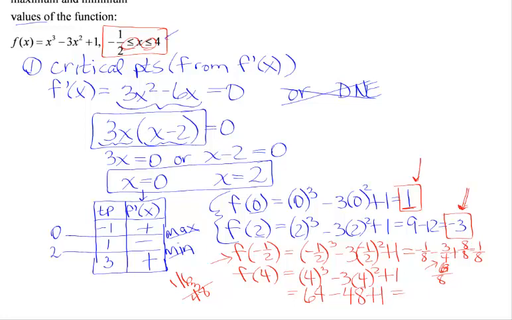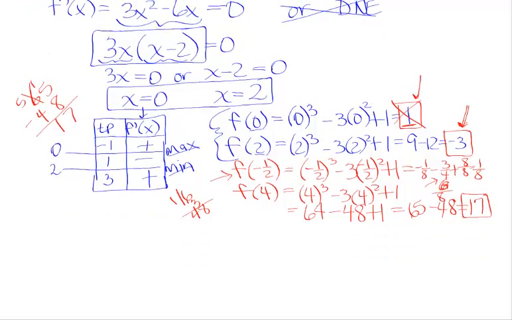So 65 minus 48 is a positive 17. Here is the maximum. That just knocked 1 out of contention for the maximum value of the function on the closed interval.